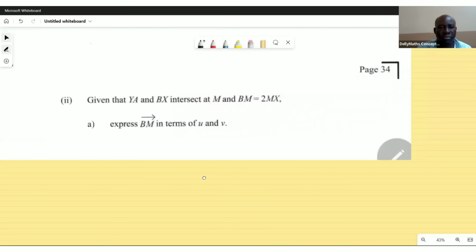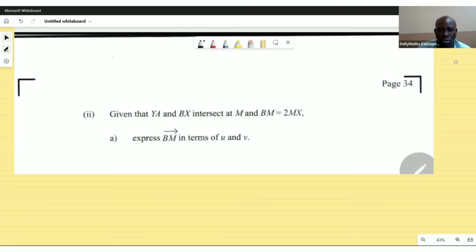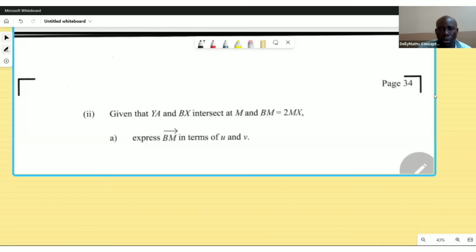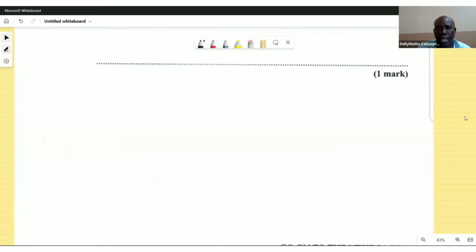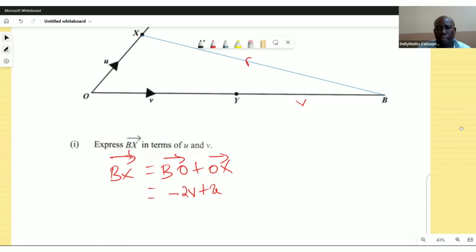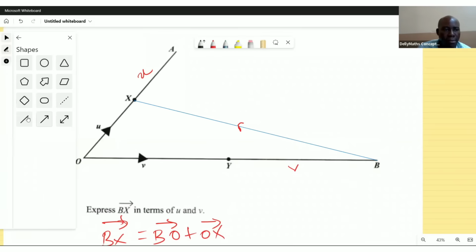It says, given that YA and BX intersect at M. All right. So there's an intersection going here. So we're talking about BX and YA. Where's YA? Where's BX?